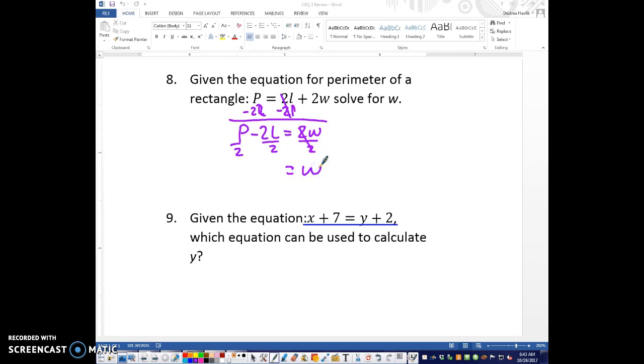So W equals P over 2, or 1/2 P, minus 2 divided by 2 is 1, so 1L equals W. If you need to see that one again, go ahead and rewind it and watch it again.